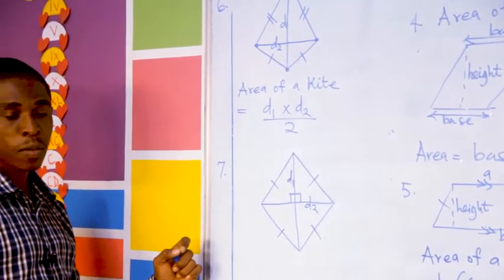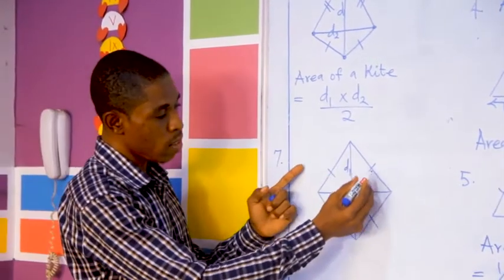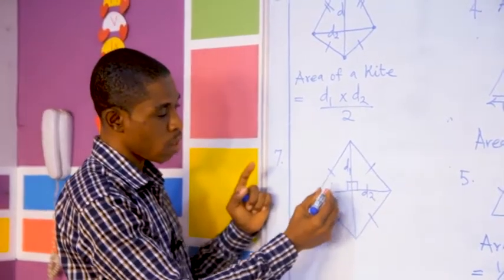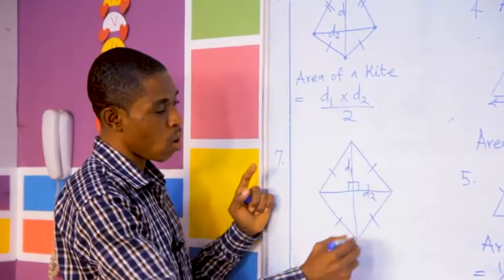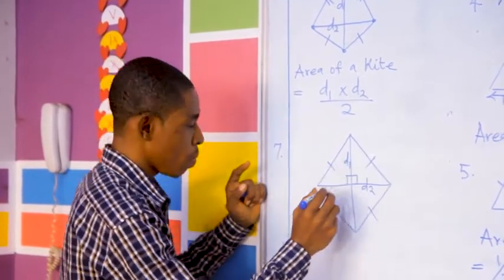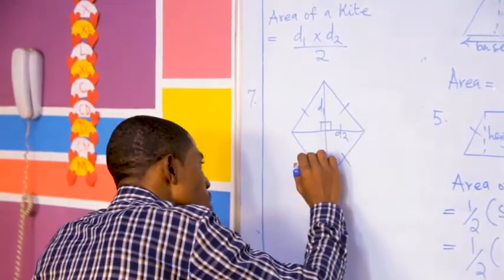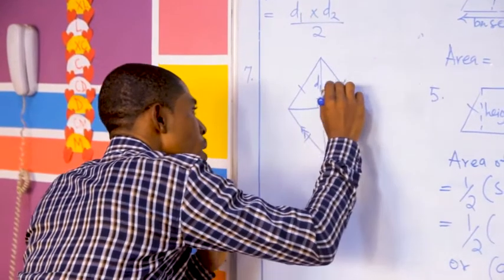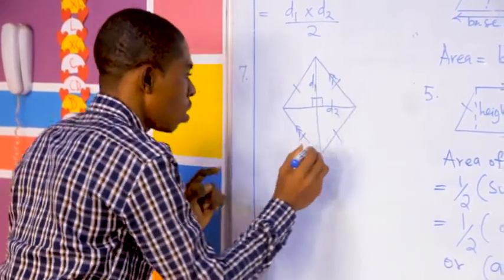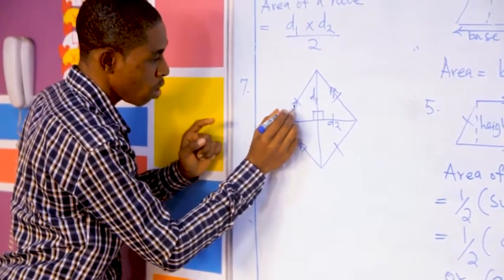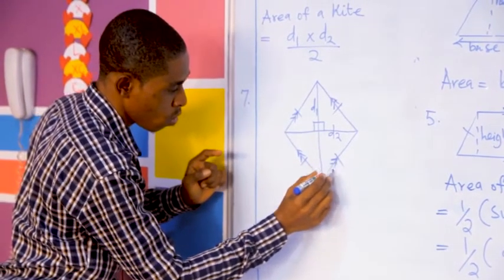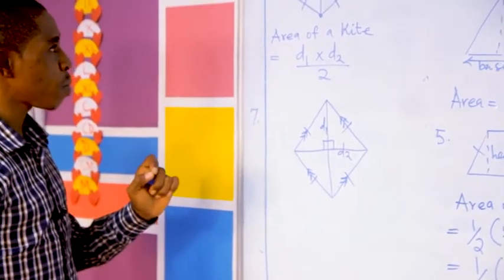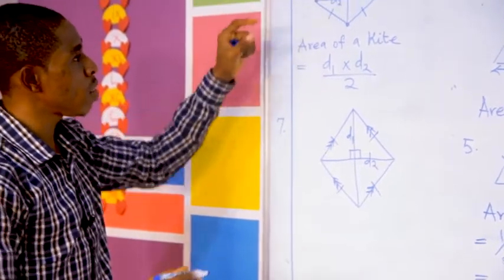Do you understand? Alright, looking at this, this side is equal to this side is equal to this side, all 4 sides are equal. Also, this side is parallel to this side, just as this side is parallel to this side. So you see the difference. There are no parallel sides here.